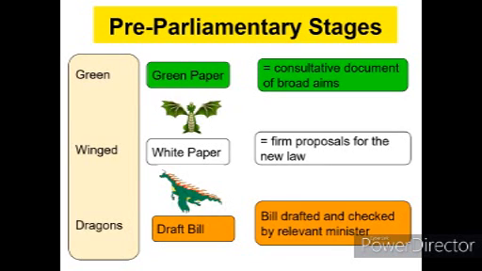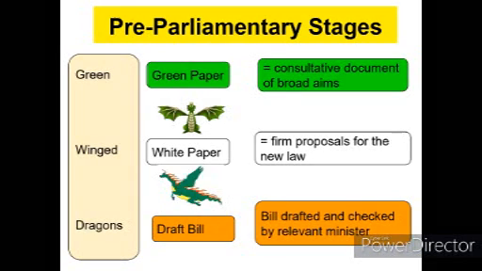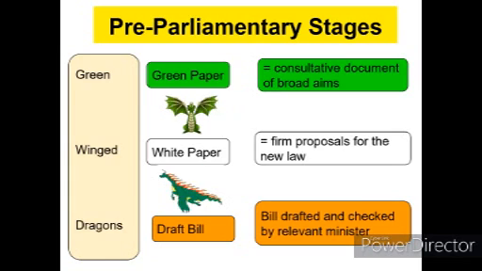Now for OCR, if you get a question about the legislative process or even the parliamentary process that a piece of legislation goes through, the board is expecting you to write a little bit about the pre-parliamentary process as well. So you will need to cover these 3 things.